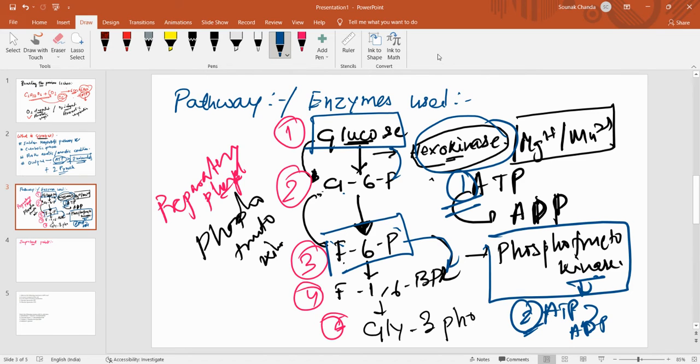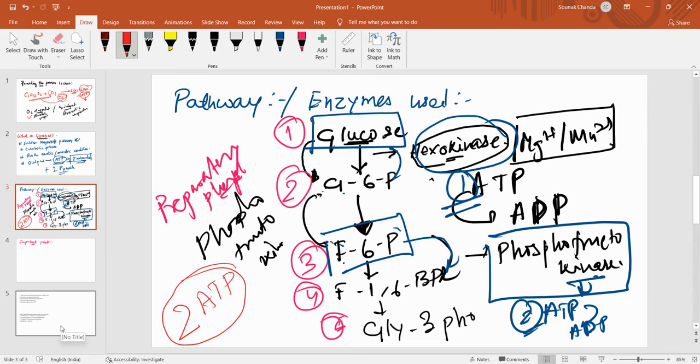So in the preparatory or investment phase, we invest two molecules of ATP. First is glucose to glucose 6 phosphate. The enzyme is hexokinase, under the action of Mg2+ and Mn2+. Next, glucose 6 phosphate is converted into fructose 6 phosphate under the action of phosphofructo isomerase because they are isomers of each other.